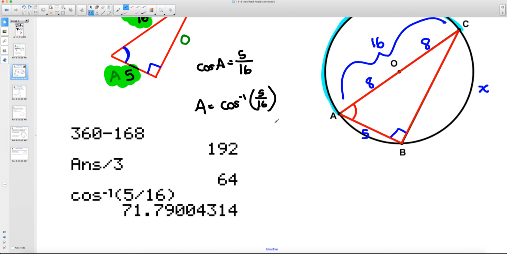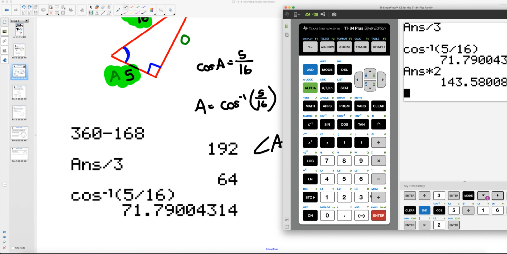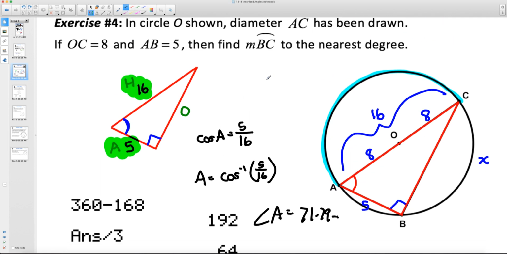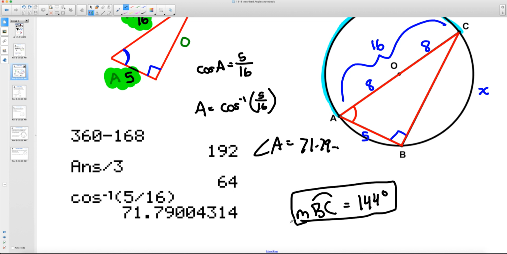So angle A is 71.79. Now the arc is going to be double that, so we have to take this and double it. To the nearest degree, it's going to be 144 degrees. So the measure of arc BC is 144 degrees. And that was a tough one.